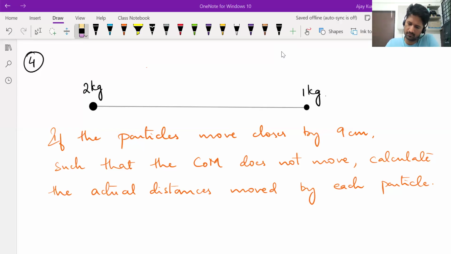But wait, no. The answers are also not correct. Check once. Because if it is 9 and 18, then relatively it won't be 9. Relatively it will become 27. Like 9 to the left and 18 to the right, relatively they'll be far away by 27 centimeters.